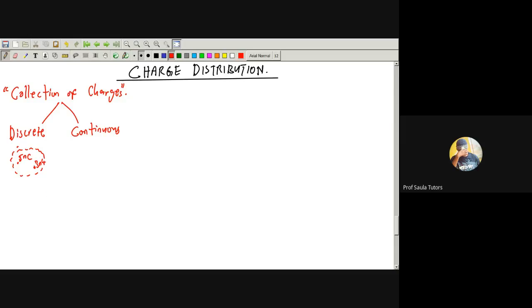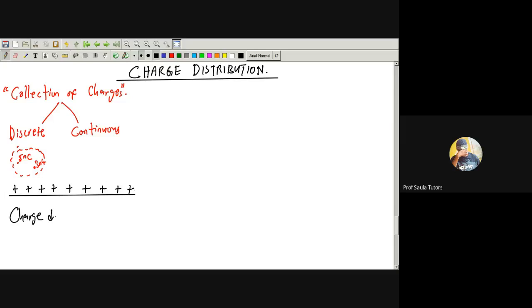Now observe, if I have a line and charge is evenly distributed on this line, check it out. There is a particular word we call charge density.